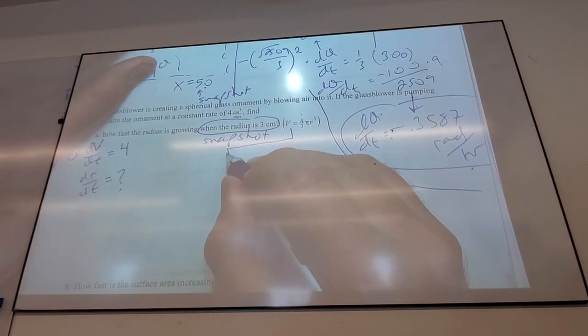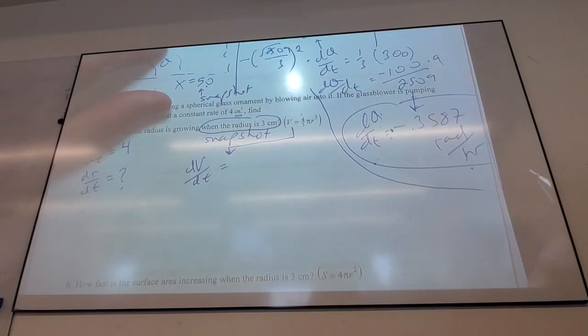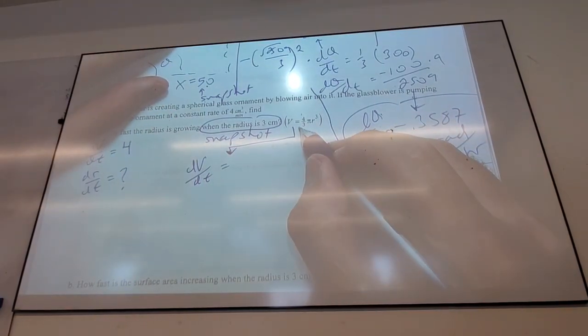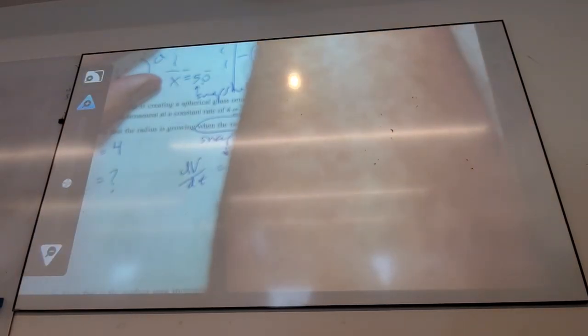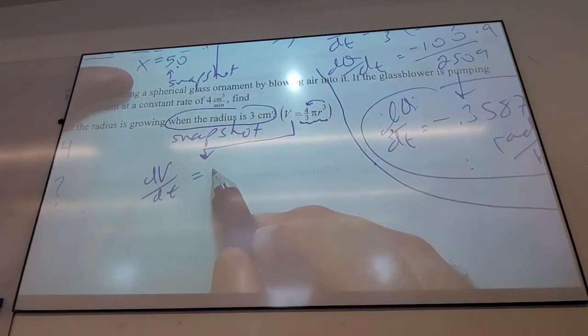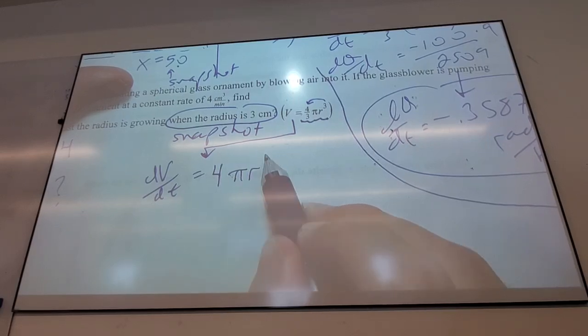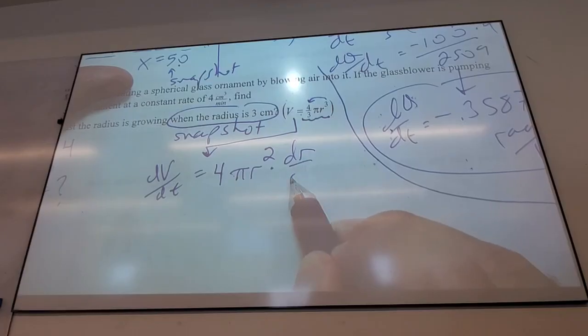I'll do this side. What's the derivative of this side? Yeah, the 3 comes down. Multiply by 4/3 is 4. Pi r squared times dr dt.